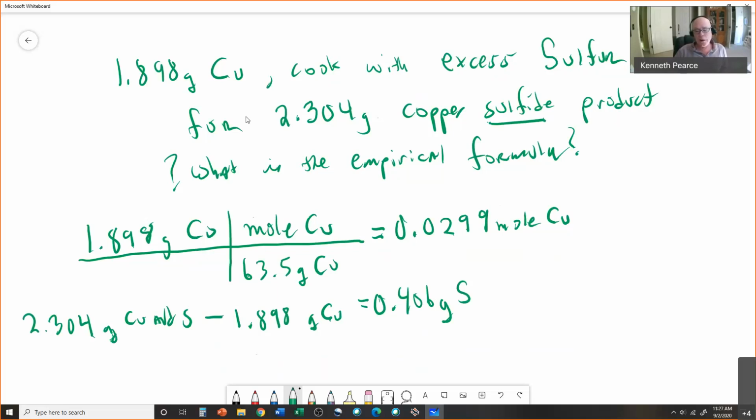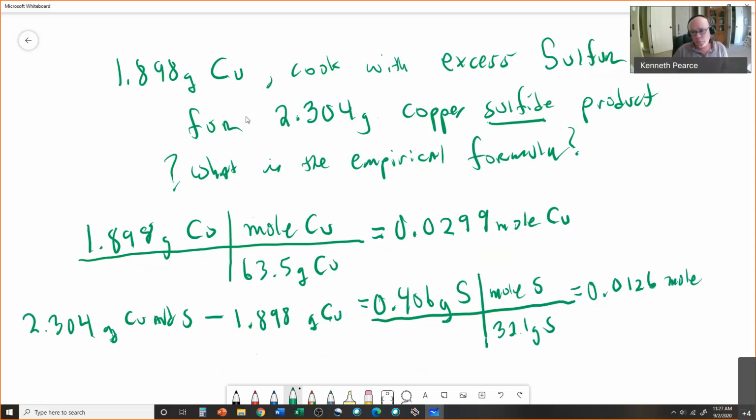Now I can find the moles of sulfur, and the molar mass of sulfur is 32.1 grams for every mole of sulfur. So 0.406 divided by 32.1 gives me 0.0126 mole of sulfur.